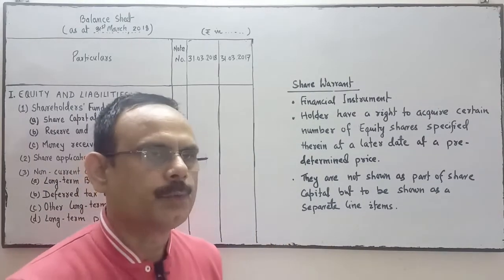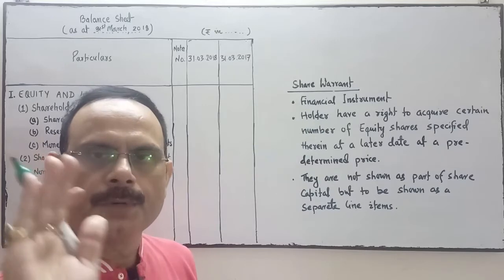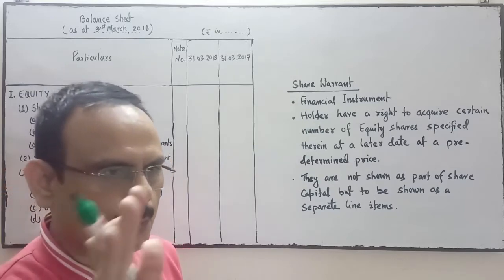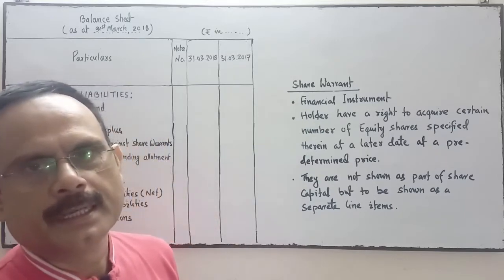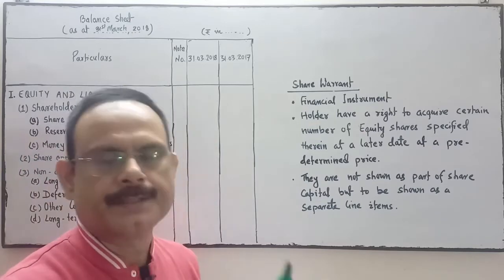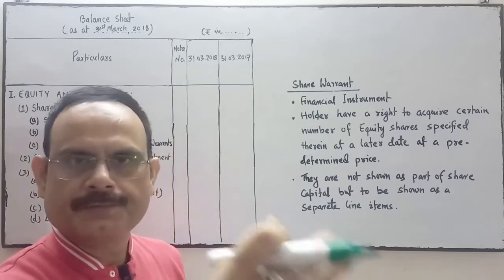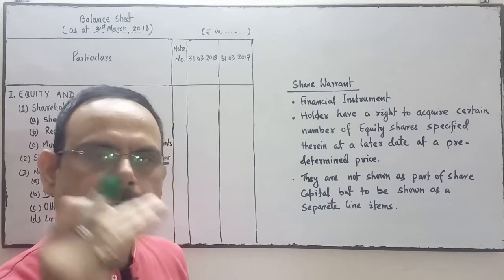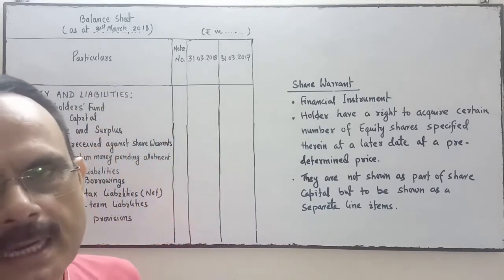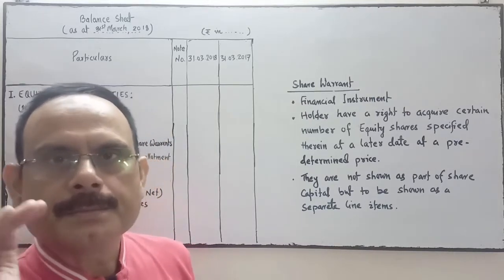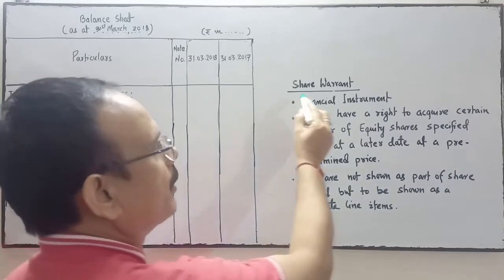It gives the holder of the warrant the right to acquire a certain number of shares at a specified date or after a specified date at a predetermined price. At a predetermined price. So what is a share warrant?